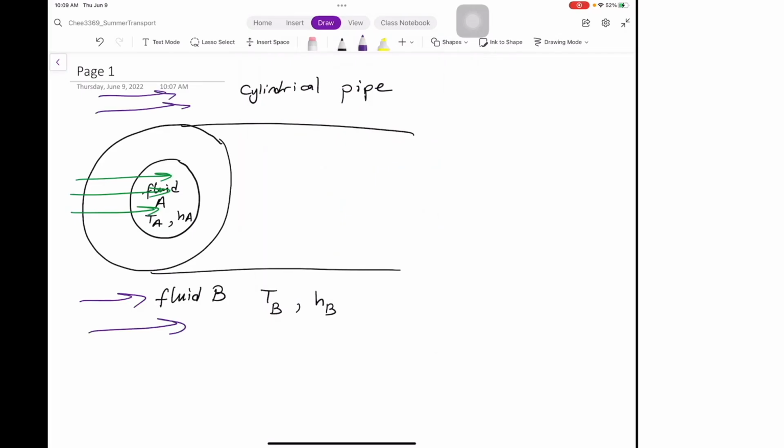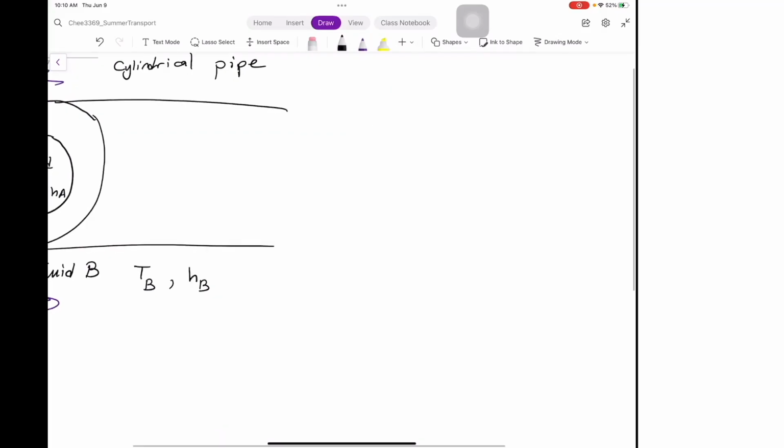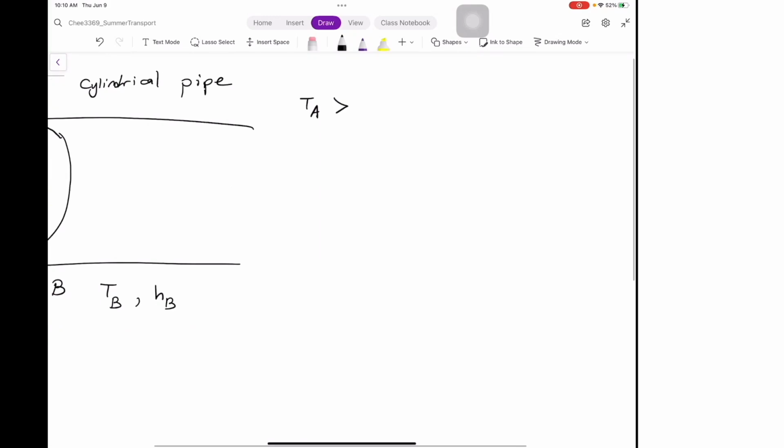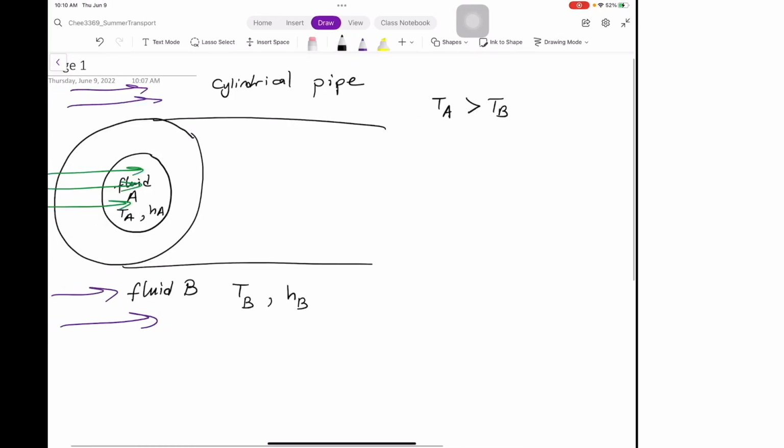Okay. And imagine that TA, fluid A, is hotter than fluid B. Basically, you want to cool down the TA using the stream B. Okay, so there's going to be some heat transfer between the two.